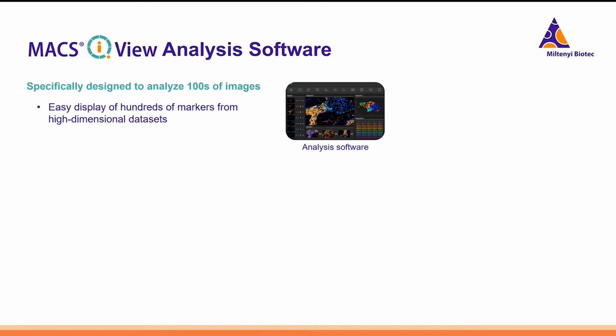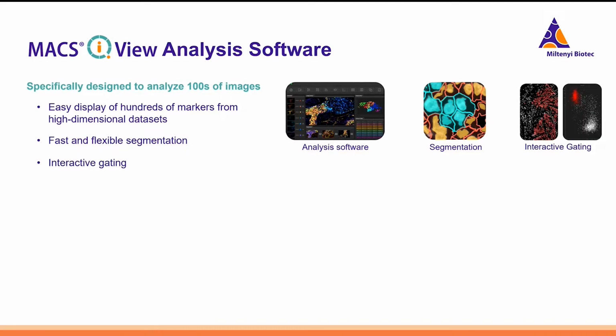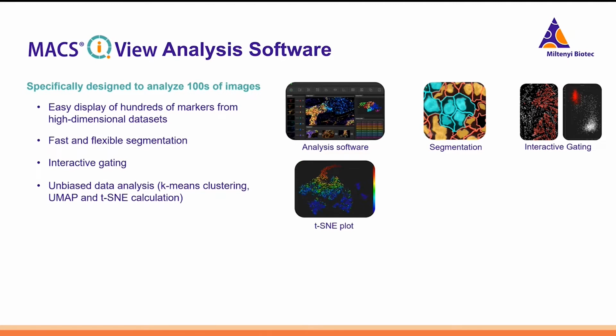It's a software that has been specifically made to analyze this kind of data set, so hundreds of images, so you can easily display them. We have integrated segmentation, which is normally the first step of your analysis. We offer interactive gating, meaning that when you are selecting cells based on whatever they are in your image or on your plots, you can see them highlighted everywhere.